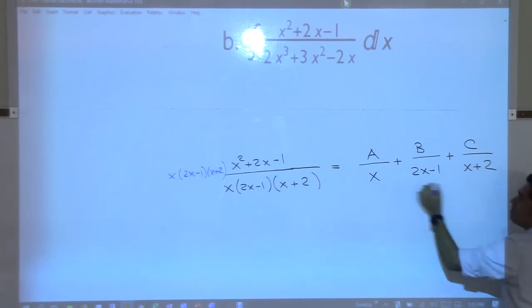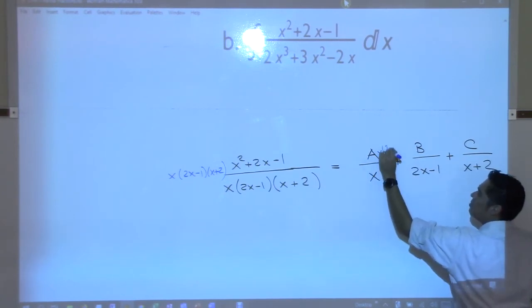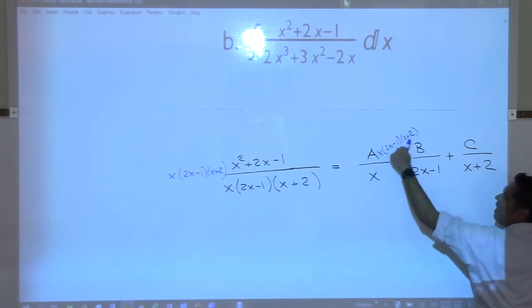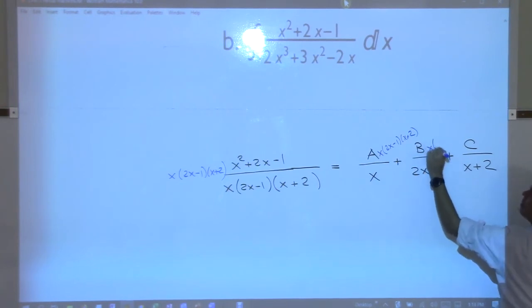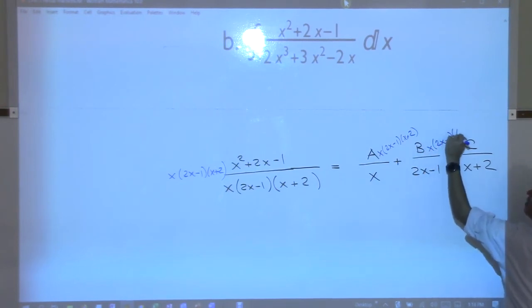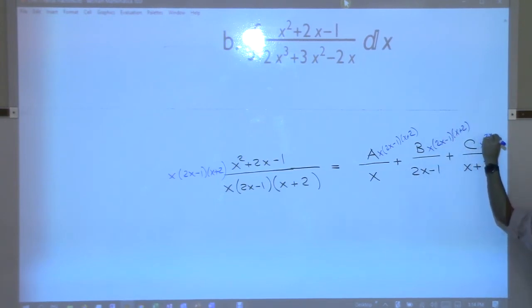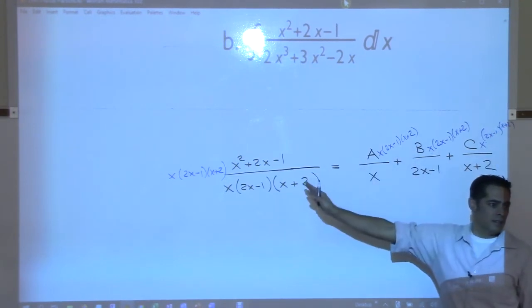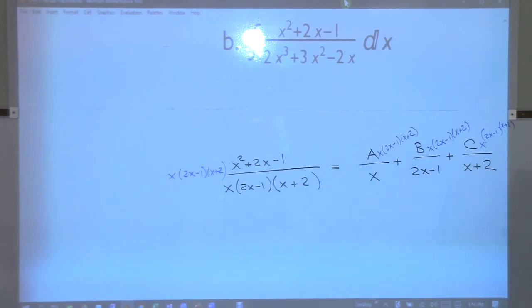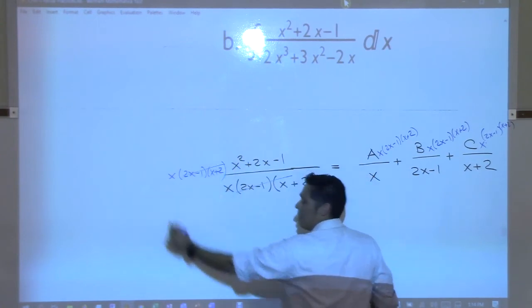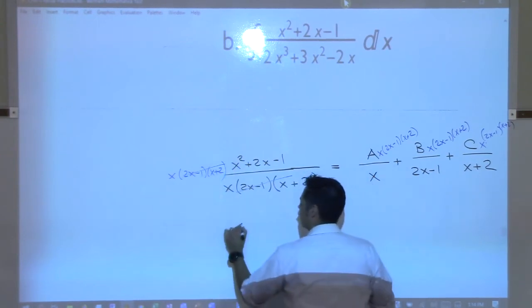So I put x times 2x minus 1 times x plus 2 on that one, the same thing on this one, and x times 2x minus 1 times x plus 2 on this last one. Every single term gets hit by the LCD. On the left-hand side, what happens? Everything's gone except the numerator.